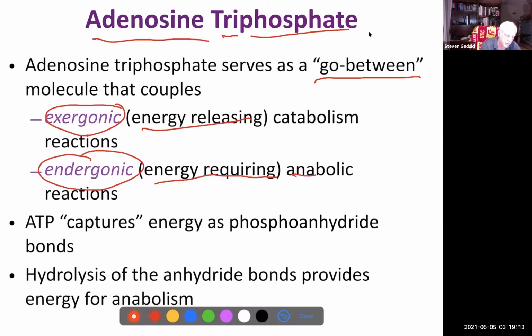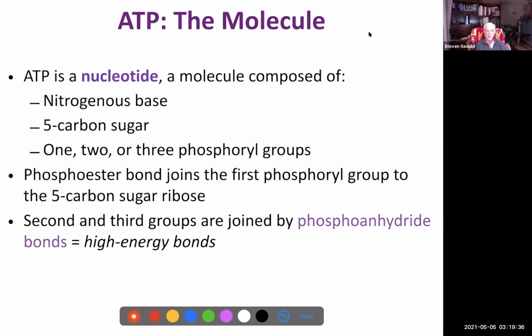This is an anabolic reaction, building things up. When you have to build something up, it requires energy. Breaking it down gives off energy. So ATP captures energy as a phosphoanhydride bond. The hydrolysis of the anhydride bond provides energy for anabolism. So once we capture it, we can use that energy to build what we need in the body.